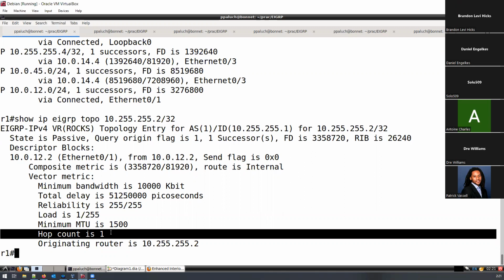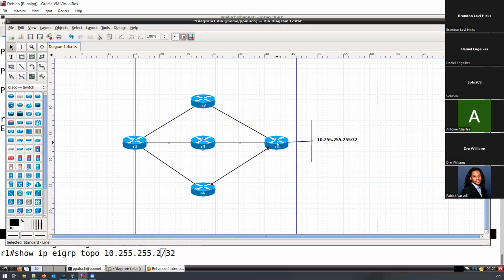But again, even though we account for it, and we have it, we do not make any path choices based on the hop count in EIGRP. If I pull a network that's farther from me, so let's pull the loopback network from R5, I should be seeing a hop count of 2.